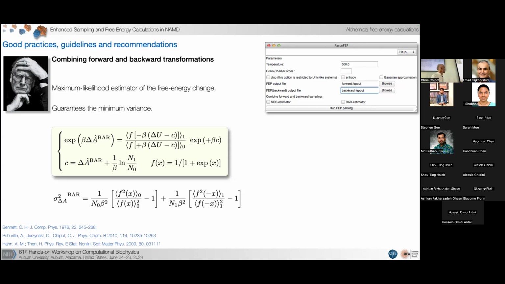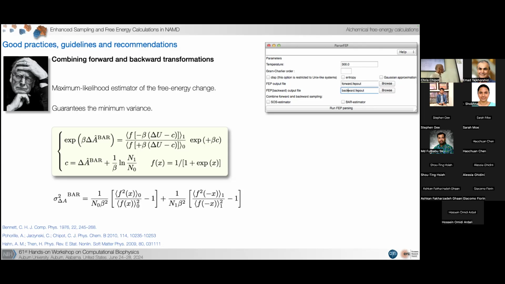But in 1976, he proposed a maximum likelihood estimator of the free energy, harnessing the statistics that was accrued in the forward and then backward transformation. And this is what we call BAR in the free energy lingo.